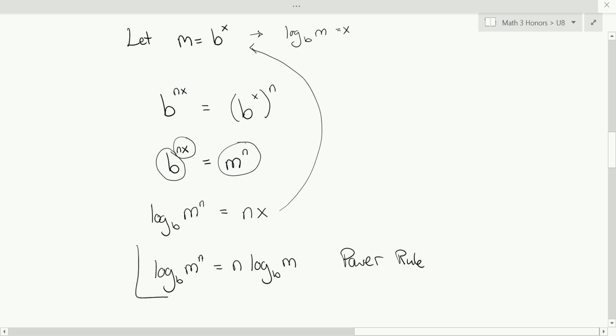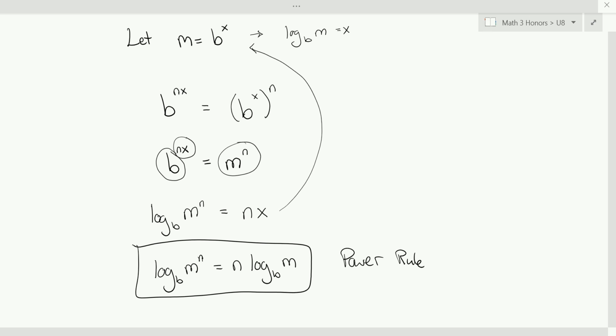What the power rule pretty much allows us to do is if your argument has a power, you could take that power and put it in front of the log and just make it a multiple of that log. Or you can go the other way. If you have a number in front of the log, you can make it the power of your argument.